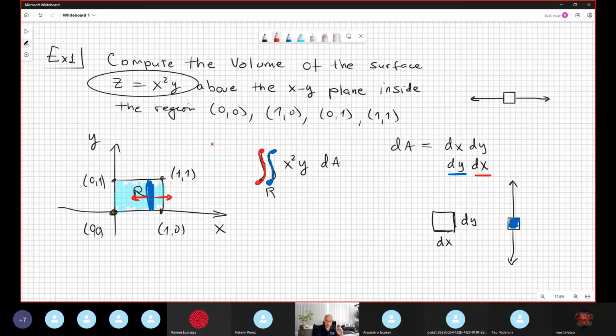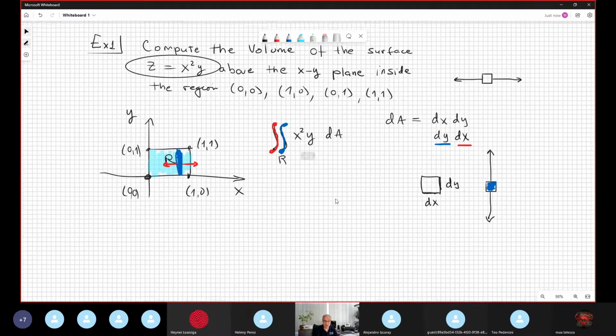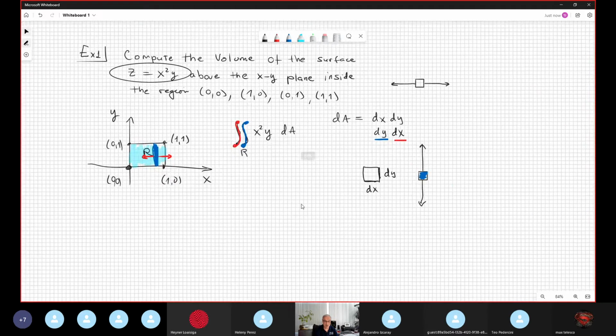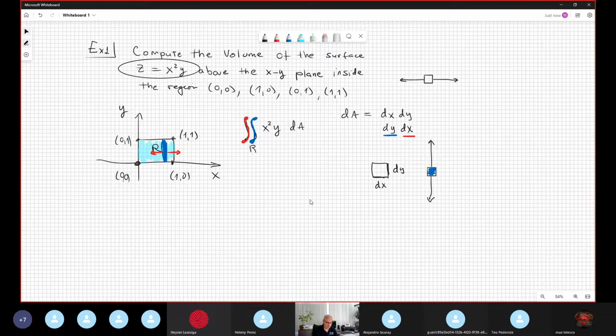We have no strip, no. We have a rectangle, dA, formed by dx dy, and you integrate in the way you prefer, guys. I want to show you right now, in this example, integration in 3 different ways. Do you understand the idea? This is important. It looks elementary, but it's extremely important.